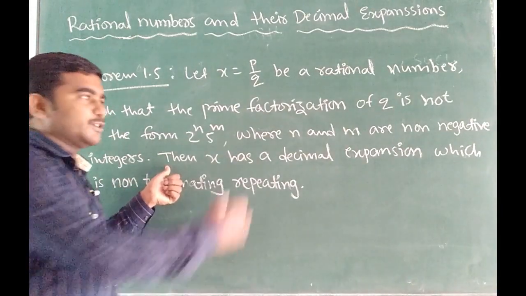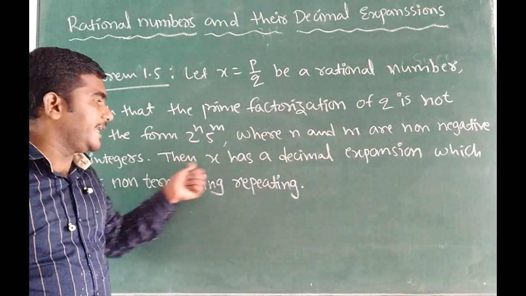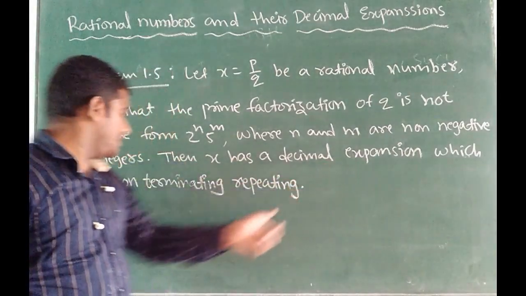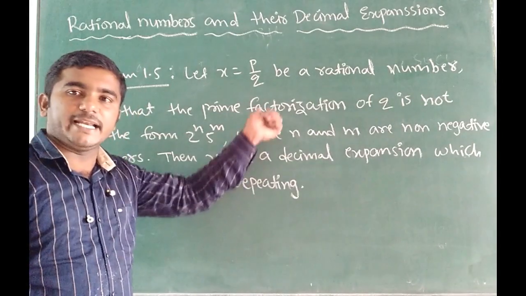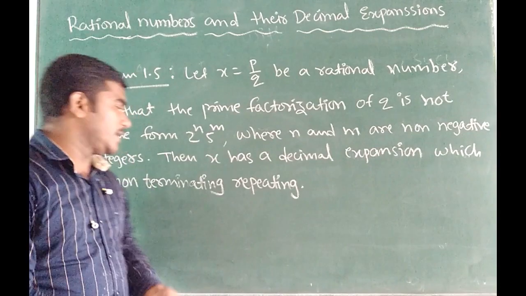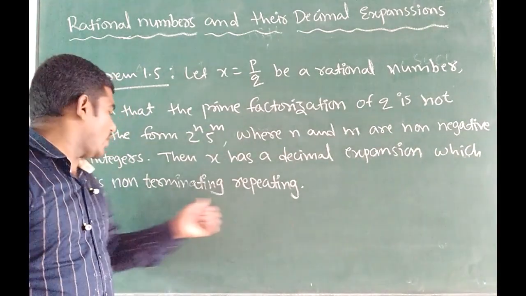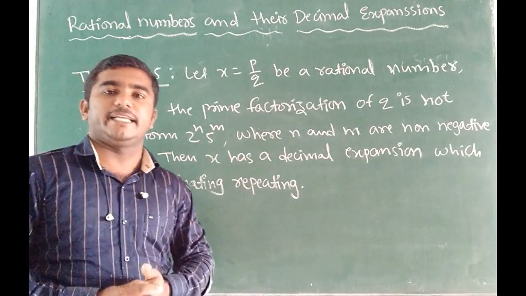Then x has a decimal expansion which is non-terminating repeating. When q is not in the form of 2 power n into 5 power m, then the decimal expansion is what? Non-terminating repeating. Understand? These are the three theorems.